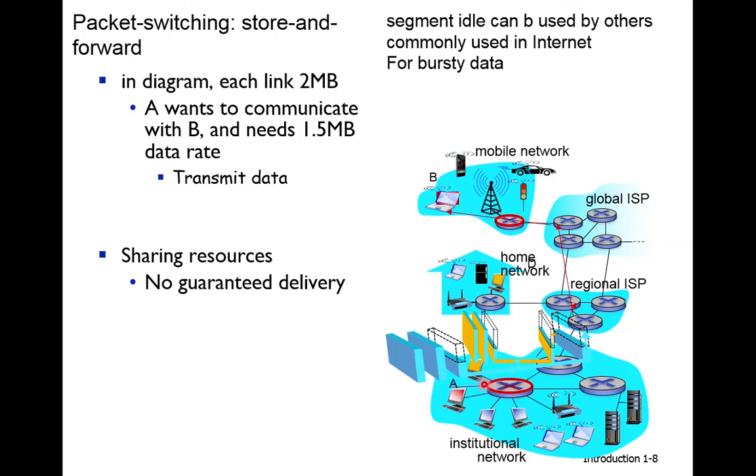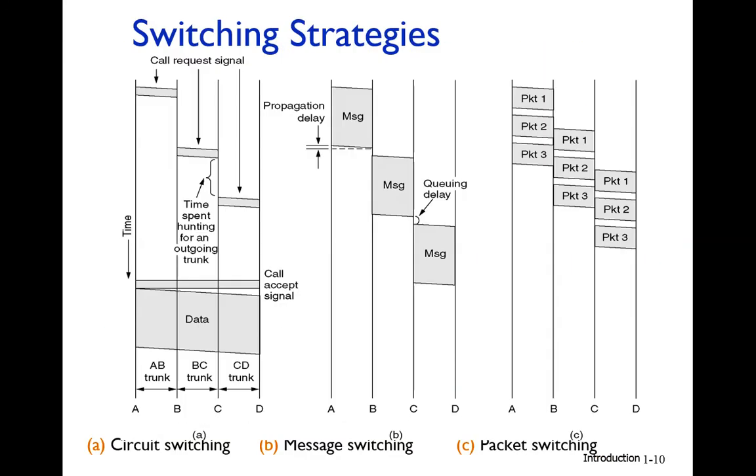I would like to show it through an example. Here you can see it. In circuit switching, as soon as the data is received, it is directly forwarded. But in packet switching, when this data is received here, it will be stored until the whole packet is received.